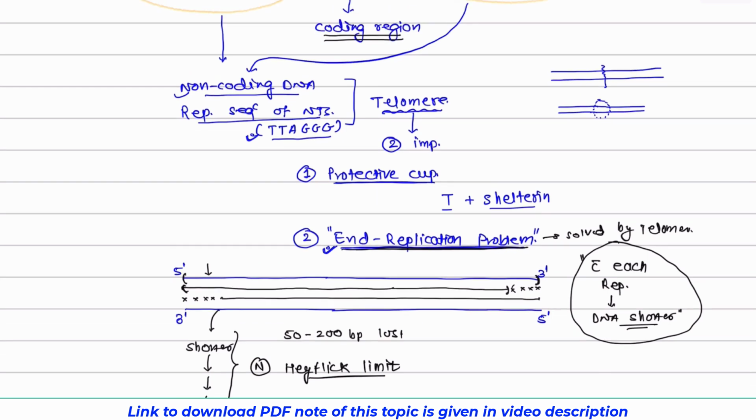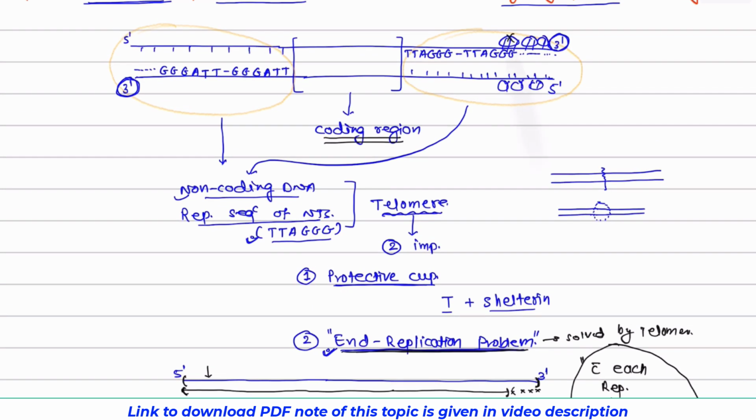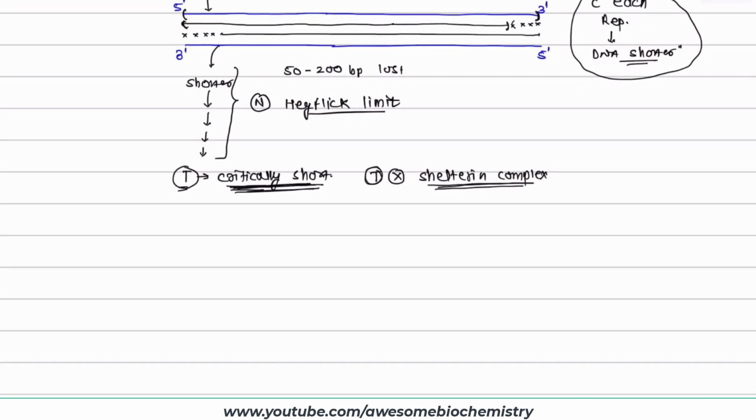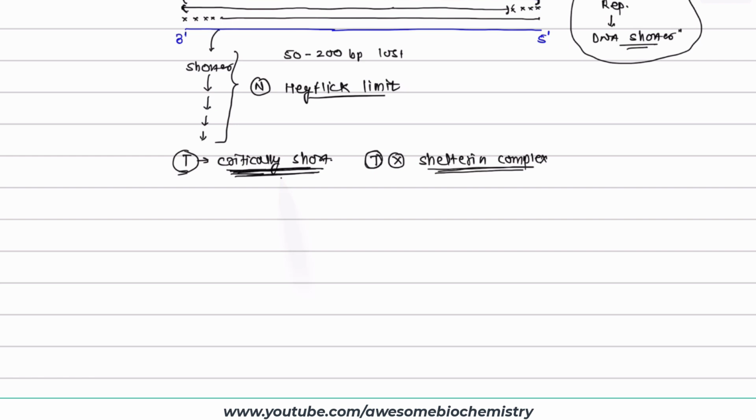See, what will happen? Now this shelterin complex is not there. So our DNA repair machinery, DNA repair proteins, will misidentify this part of DNA as a broken piece of DNA, right? Once this telomere becomes critically short, our cell recognizes such DNA as damaged DNA.